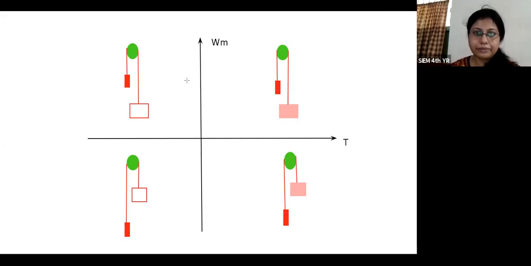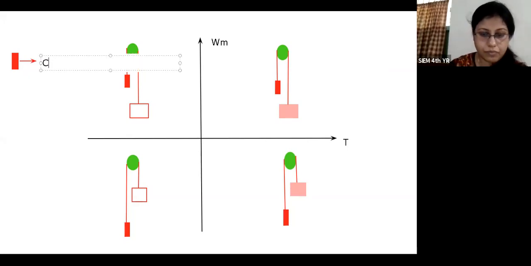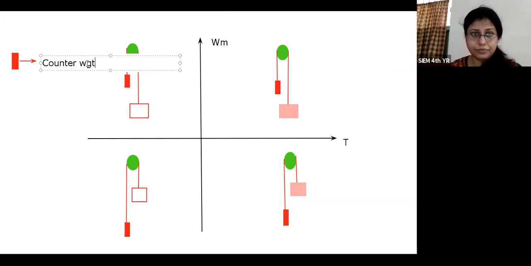So this one is our counterweight. And this one is the empty cage.